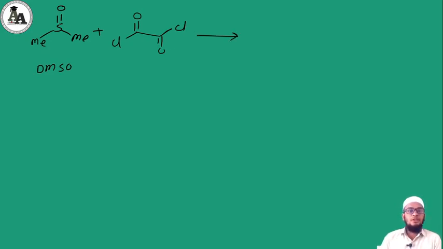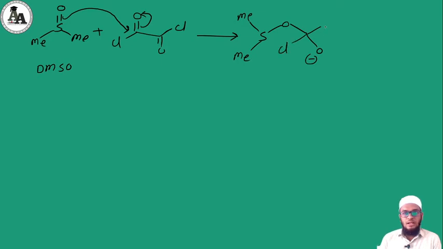Now here the sulfur-oxygen bond pair electrons, this oxygen with its bond pair electrons will attack on this carbonyl carbon, and this carbon-oxygen bond electron will shift over the oxygen and the resulting structure will be like this. It will be as it is, and here we have O and then one O negative, another chloride ion, this carbonyl carbon and chlorine as it is.